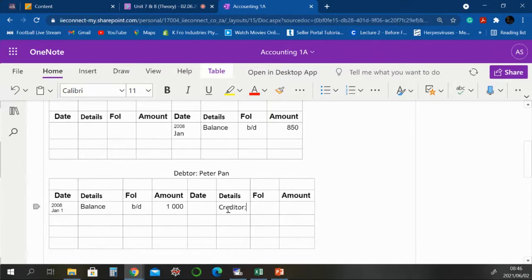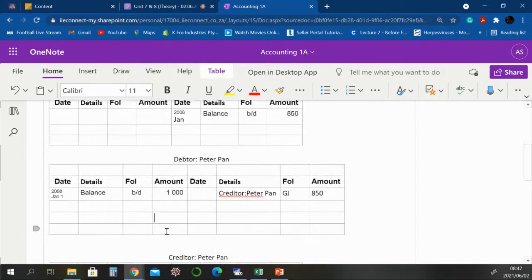And again we're just going to put Peter Pan. And here we're then going to write, and this would happen in the general journal, GJ, and here we're going to write 850. So he still owes us because what we owed him was less than what he owed us. Does that make sense? So he still owes us, but now we're obviously going to balance the account.